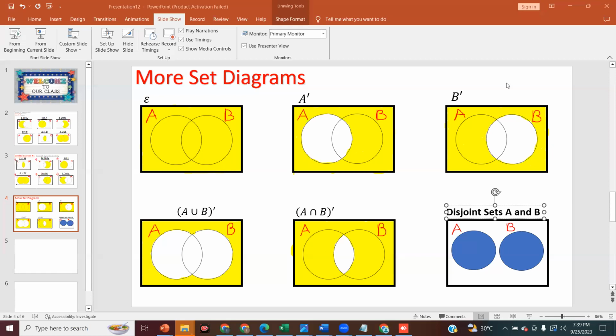Are we good with this slide? No, sir, I'm still on the last one. So this is disjoint sets A and B.